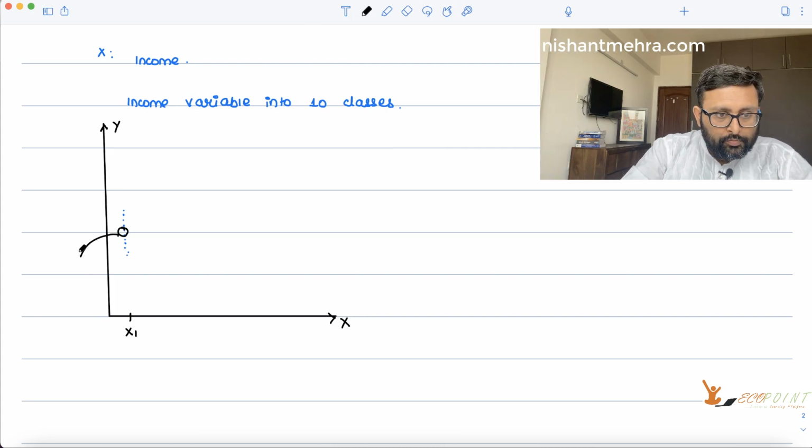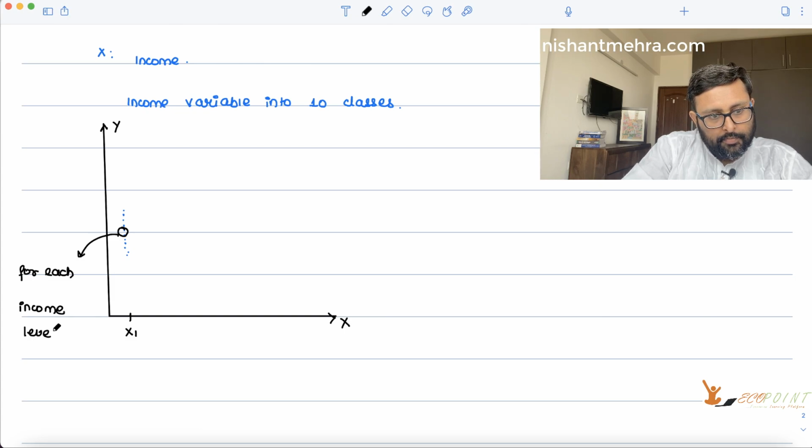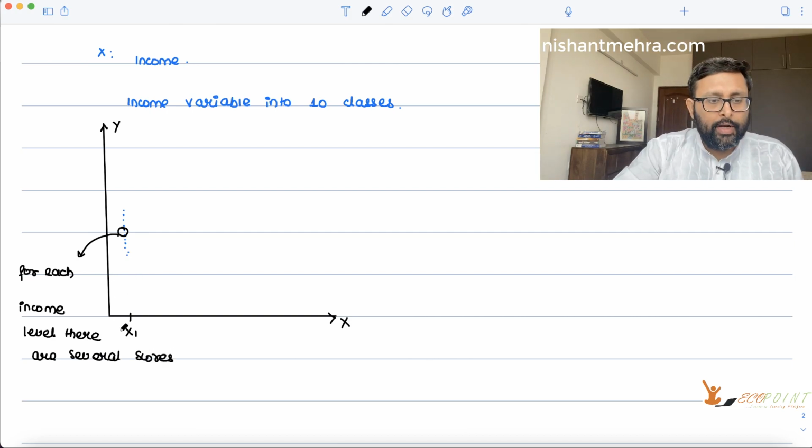So for each income level, there are several scores, right? For 2 lakh and below family income, these are the several scores which you have. Maybe one or two outliers might also be here, but generally people have this. You've surveyed the population and you've got this result.